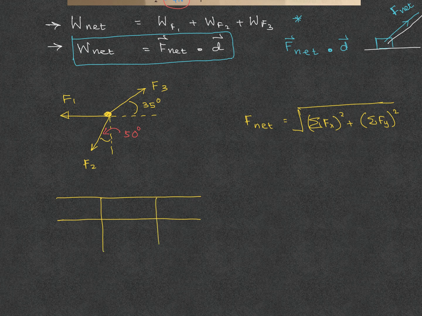So here we got F1x and F2x, and there you have F3x. For F1x, the angle is cosine 180. F2x, the angle is cosine 210. F3x, the angle is 35.